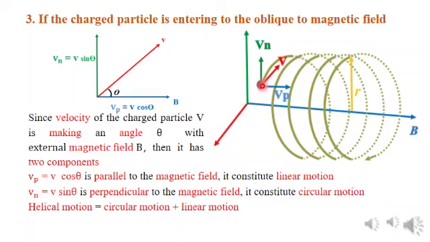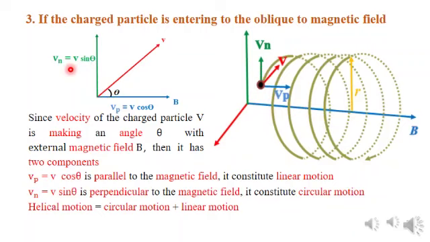Since Vp is parallel to the direction of magnetic field, we have Vp equals V cos theta. As Vn is perpendicular to the direction of magnetic field, we have Vn equals V sin theta.